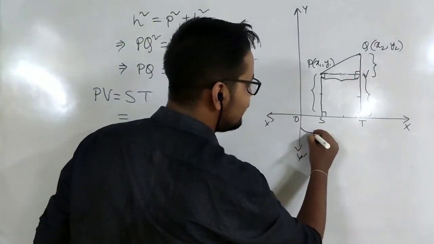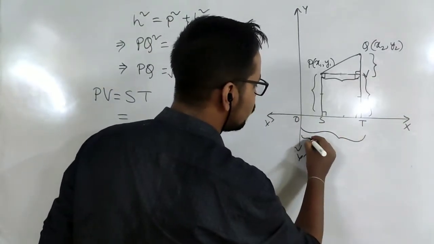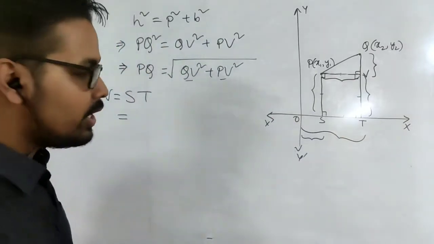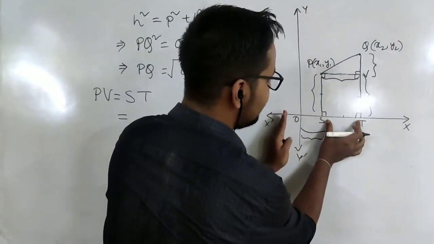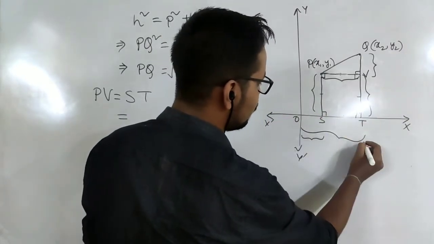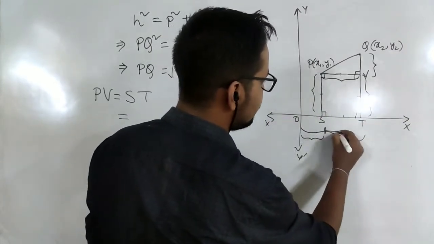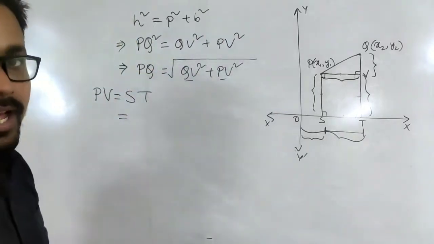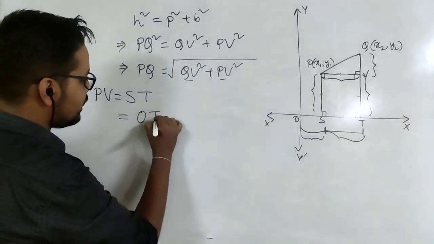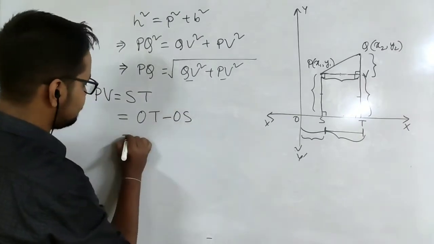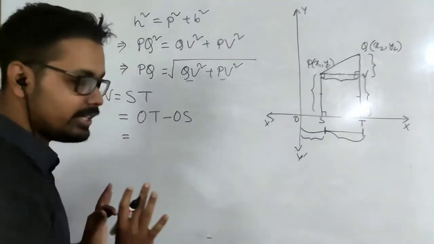We can find ST as OT minus OS. If I take OT and subtract OS from this, I will get this portion. So I will take OT as a whole, subtract OS. The portion left with me is this portion. I hope that is clear. So that means I can write ST as OT minus OS. Okay, fair enough till now.